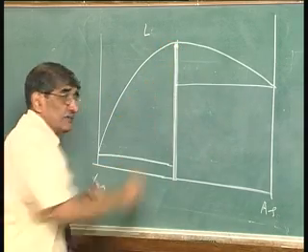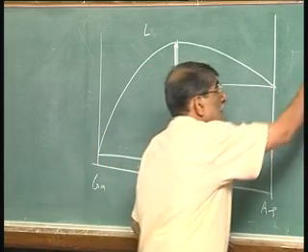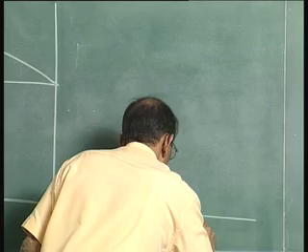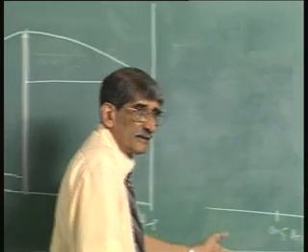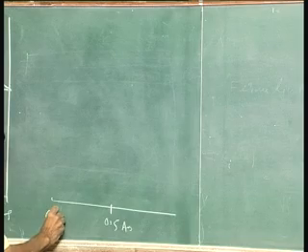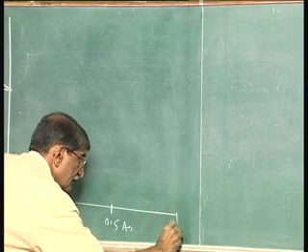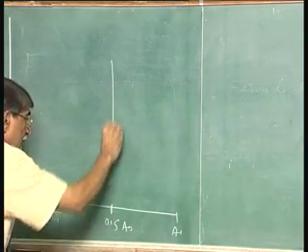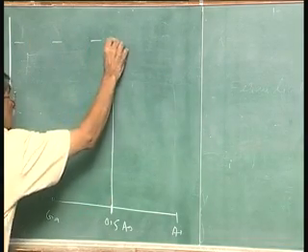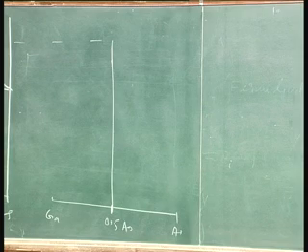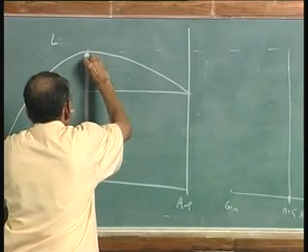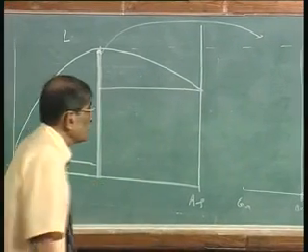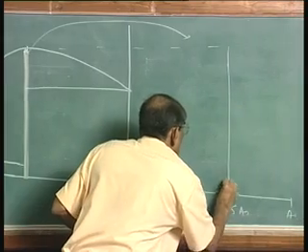If I expand this again, what I showed you yesterday, because that is relevant here, so we wonder why that is happening. I have 0.5 arsenic, 0.5 gallium, and this is gallium, this is arsenic, 100%. Now, if I draw a line like this and expand only this portion, what we saw yesterday was something like this.